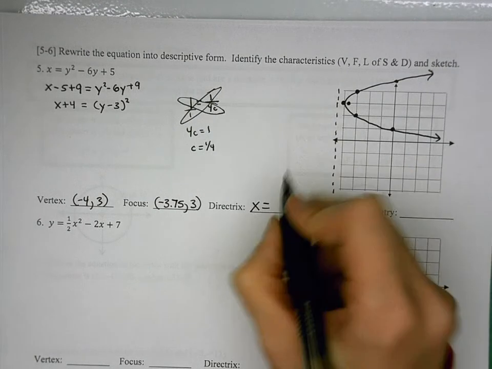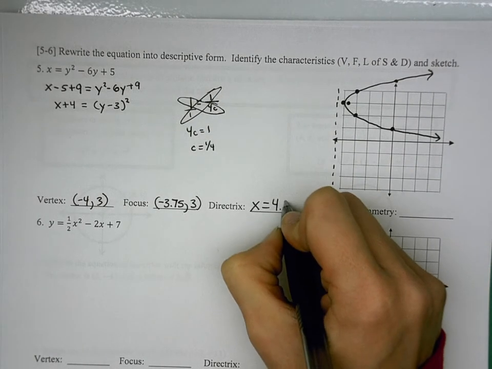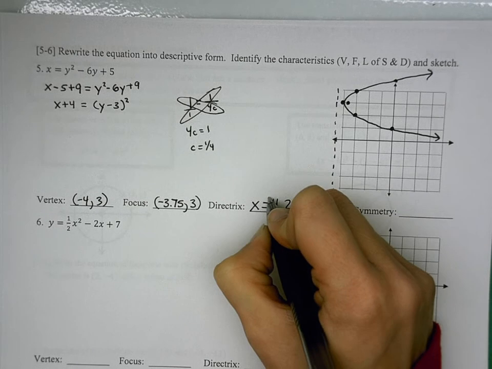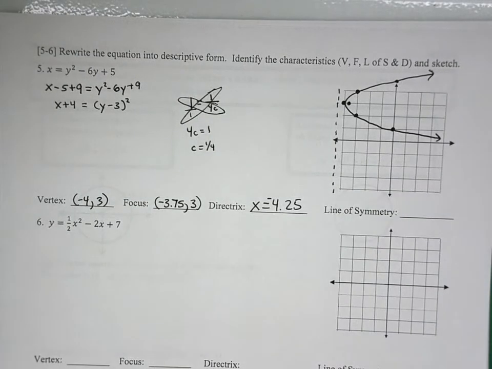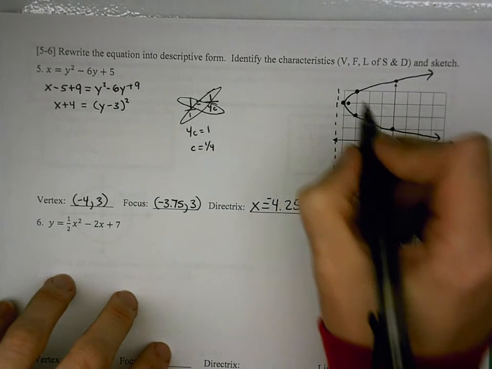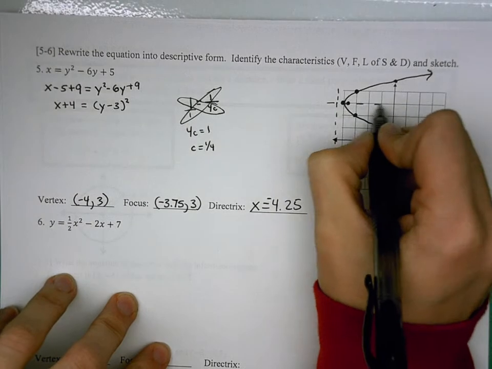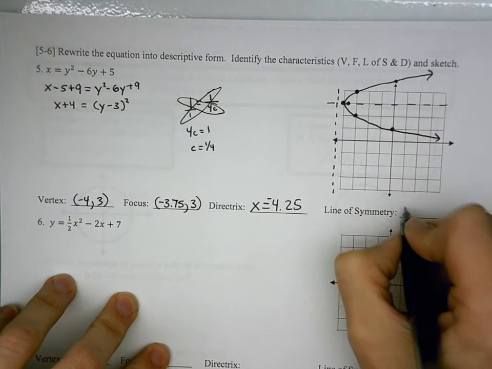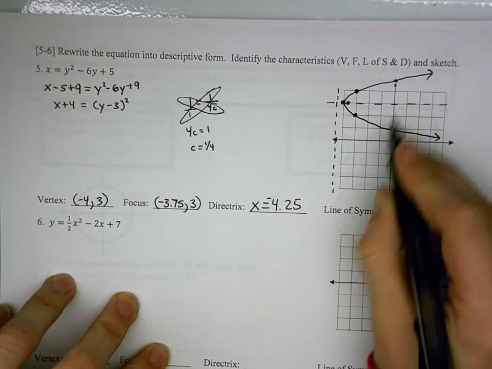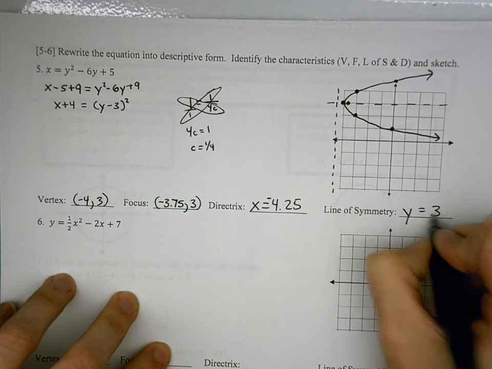So negative 4.25. Whoops, forgot the negative. Negative 4.25. And then your line of symmetry goes right down the middle. Horizontal line, so it's a y equals. In this case, this would be y equals 3. And there's your parabola.